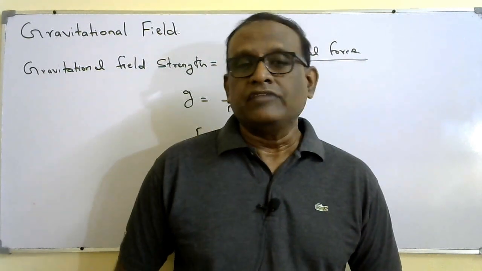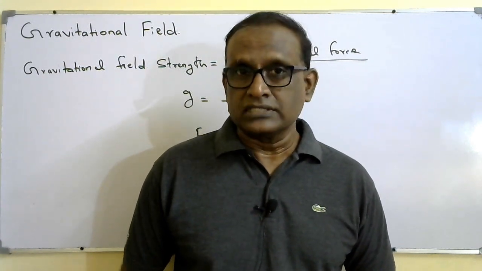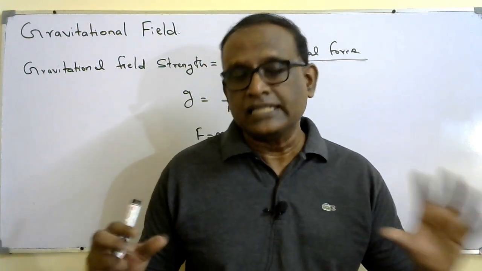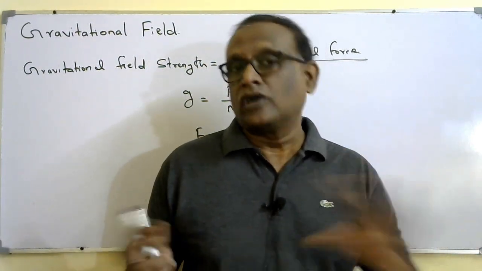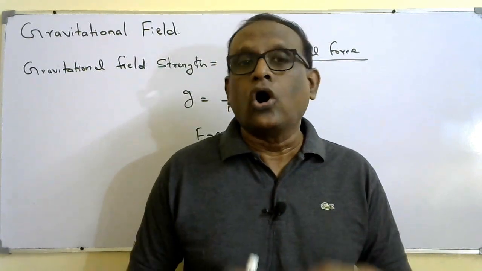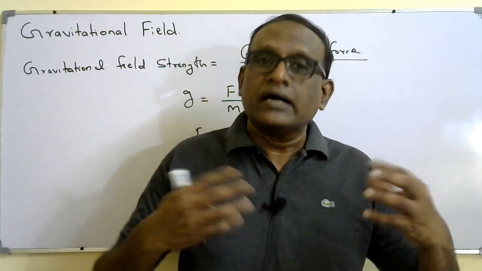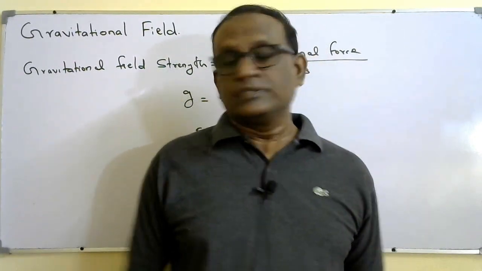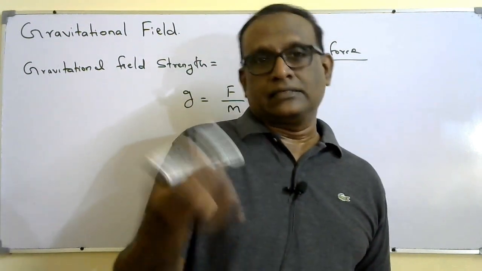So normally when we consider gravitational force between two objects, one of the objects must be a planet or a moon or a galaxy or a star. The other one could be anything, even a pen, doesn't matter.